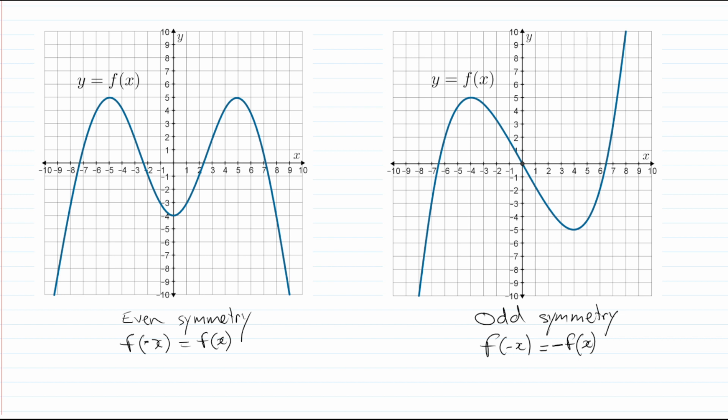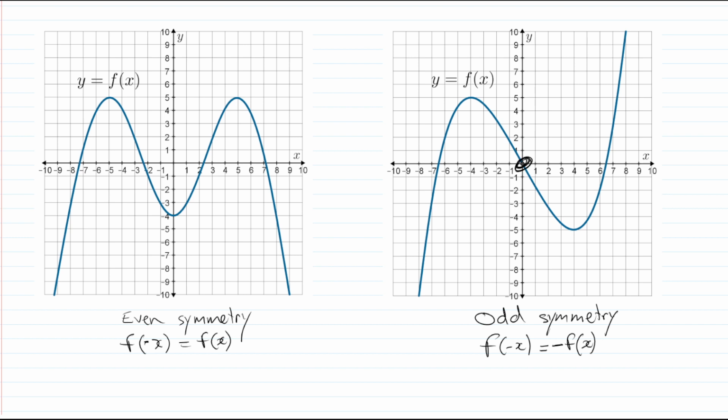So in this case, when you have odd symmetry, what we mean is f at some value and f at the opposite of that value. So for example, x and -x, they give opposite y values, opposite results. That's why we have this negative here. And that's what odd symmetry is all about. Now, it's said to be rotational symmetry about the origin.